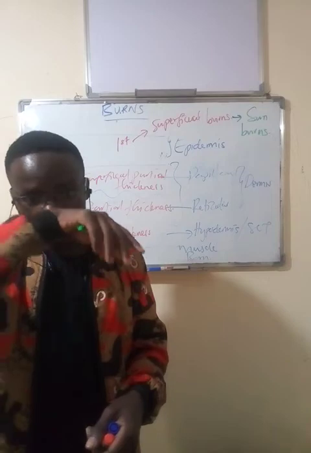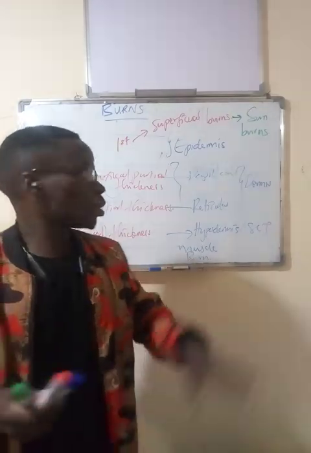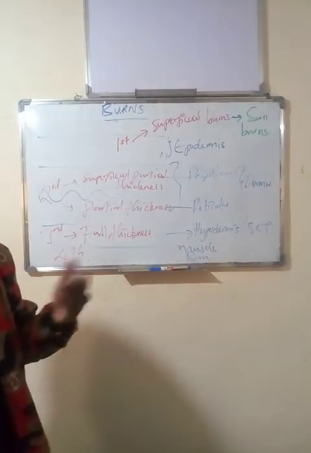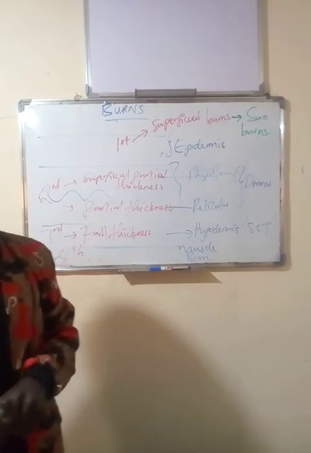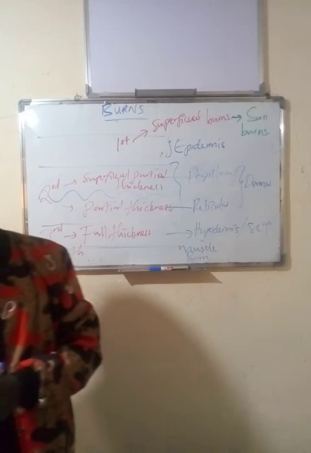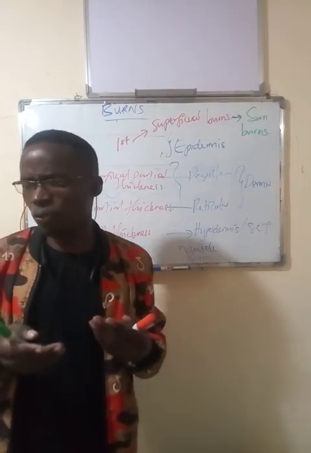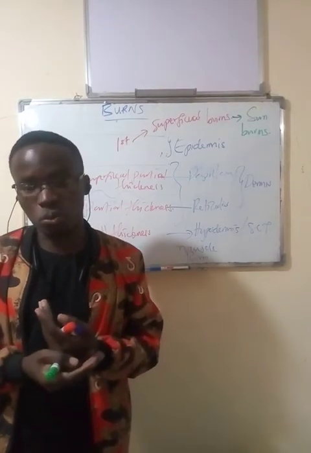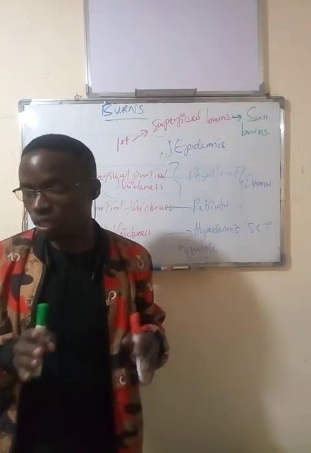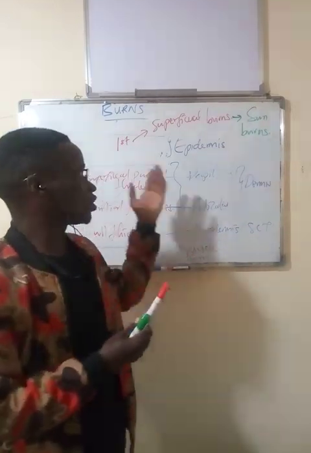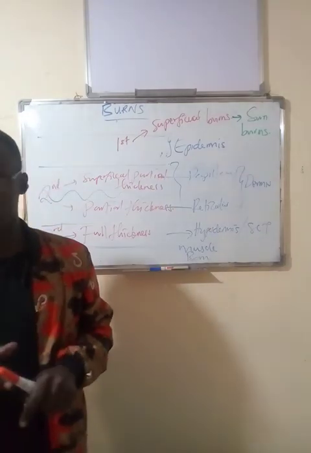Such things are called superficial burns or first degree burns. Even in our setup, if the heat is not too much and doesn't cause much injury, your skin only becomes erythematous. This is basically what is called first degree burns.